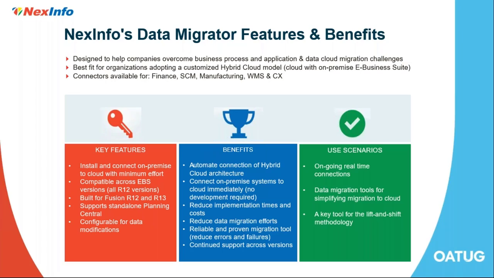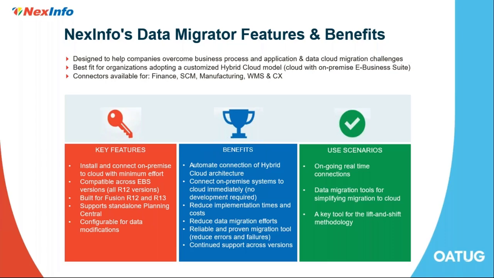A small piece of data can swell into many pieces of data when you're going through a migration. So that's one of the things, data migration challenges, that this migrator helps with. It's also a best fit for organizations adopting a customized hybrid cloud model, so cloud with on-premise and e-business suite. So again, hybrid cloud models are key.